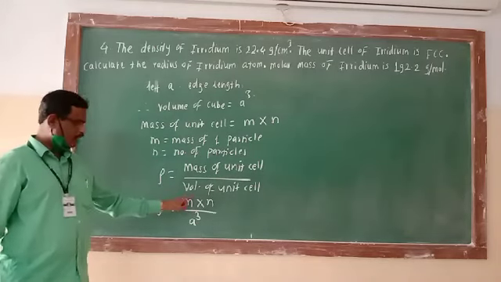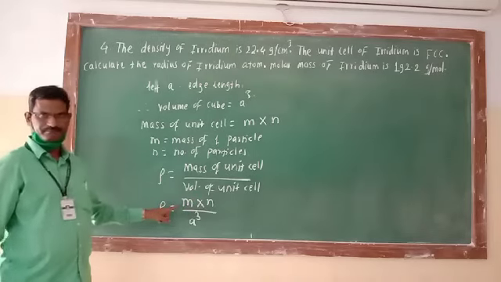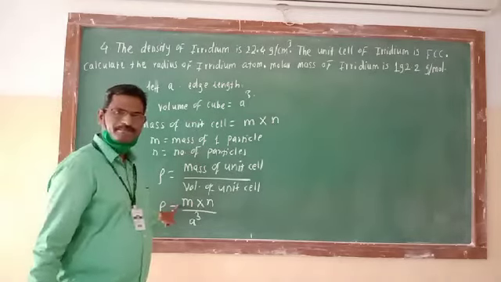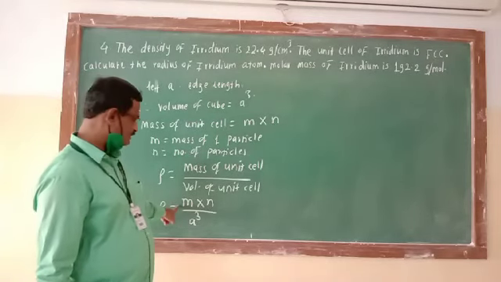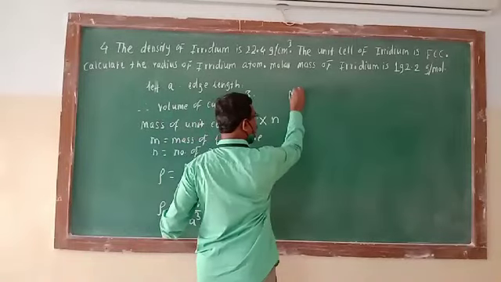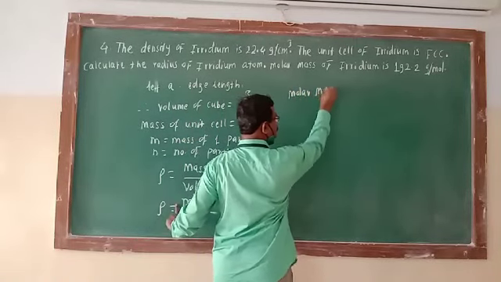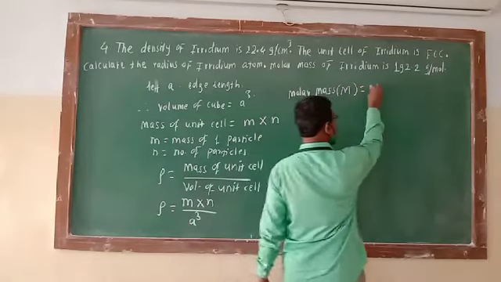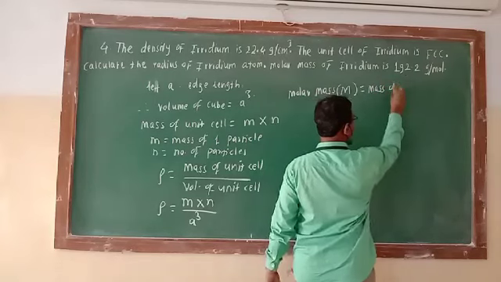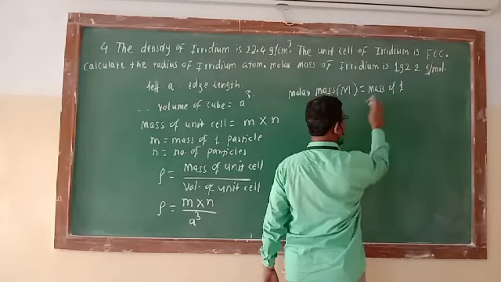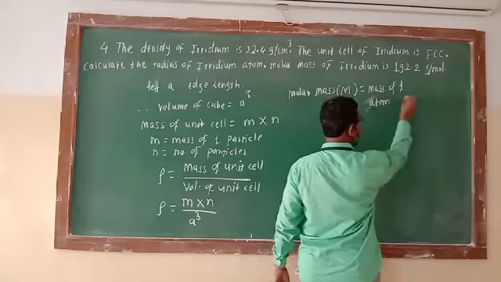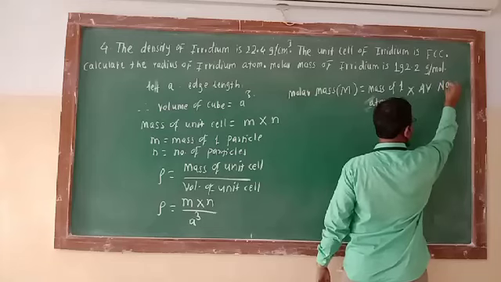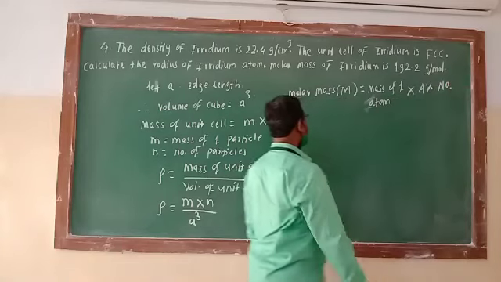Now we have to substitute the value for m, the mass of one particle, which can be calculated using Avogadro's concept. According to that concept, molar mass of substance, capital M, is equal to mass of one particle, or mass of one atom, multiplied by Avogadro's number.